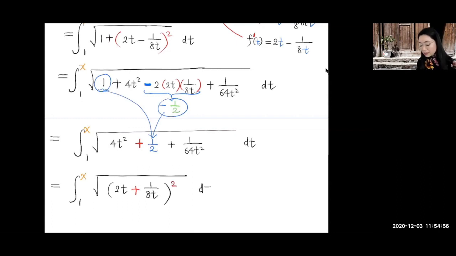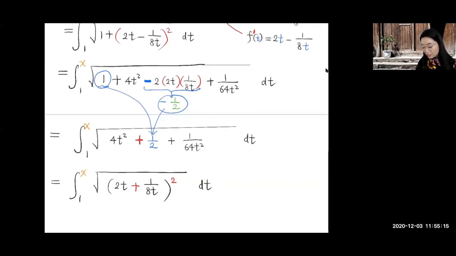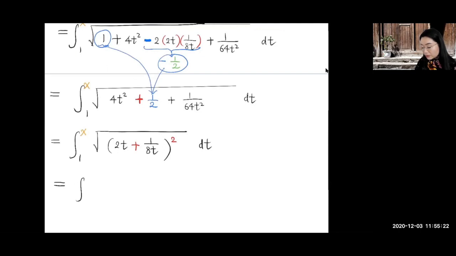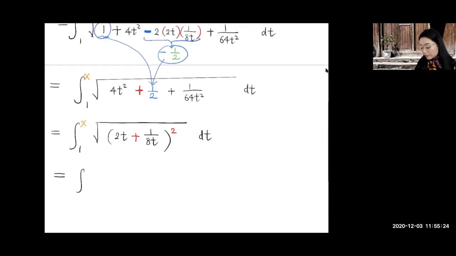Okay, so sometimes when you do integrals, you kind of see this kind of pattern, and you see that the difference here is only this, okay? And you can recognize that this is a perfect square of that inside, and you change this to addition, okay? Okay, now when we take the square root of this perfect square over here, we're going to end up with this 2t plus 1 over 8t, right?